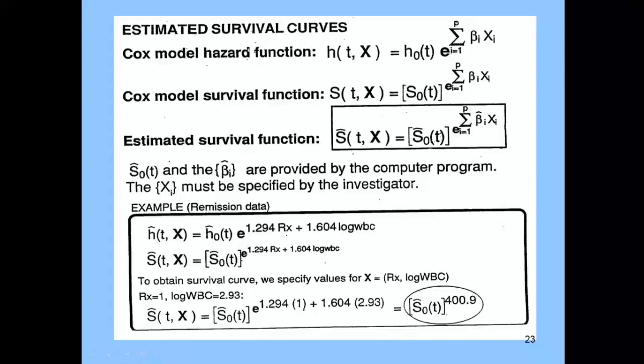So what the computer typically does is let you go from the hazard function to a survivor function, and plot survivor curves comparing the two groups, as long as I decide what values I want to plug in for the predictive variables. And if I'm comparing two groups, treatment and placebo, 1, 0, and I'm controlling for another variable, I might use the average value of the other variable in the formula.